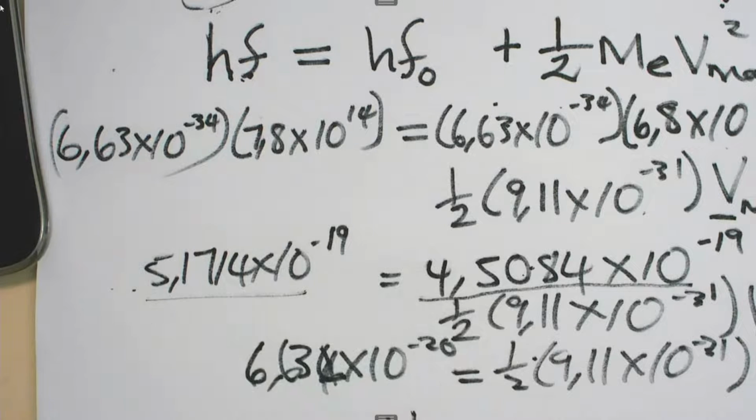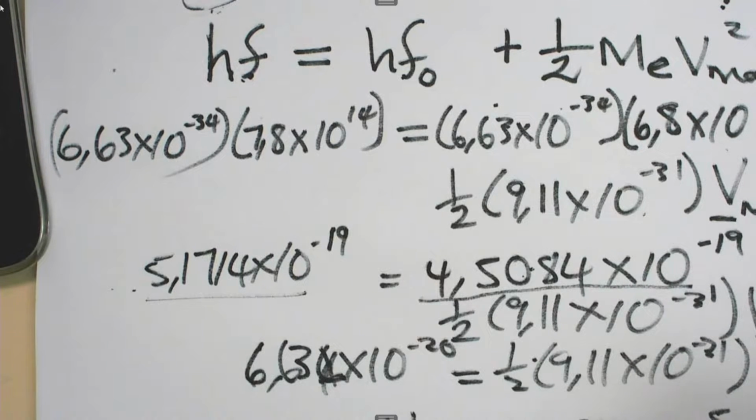We'll then put this inside the square root, and our answer there will be 3,82 times 10 to the power 5 meters per second. So that is how we will do that problem.